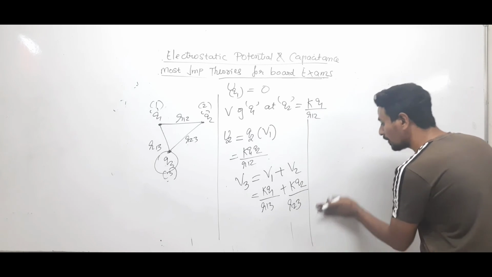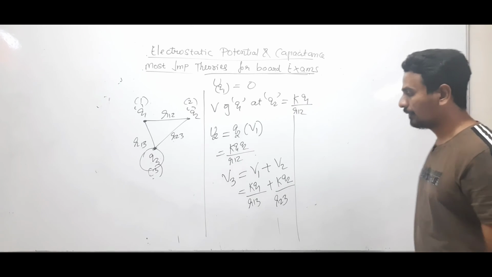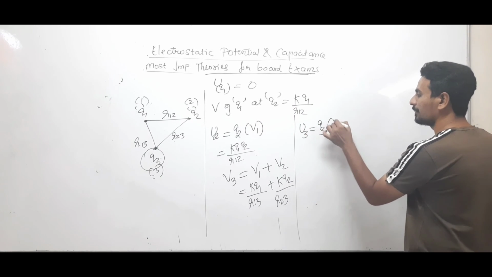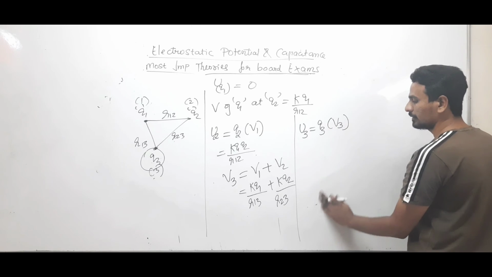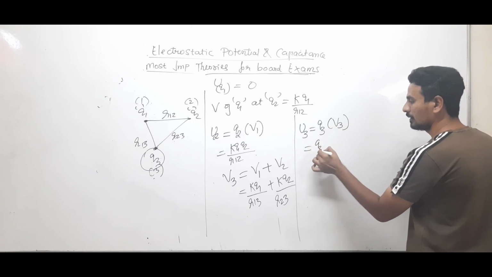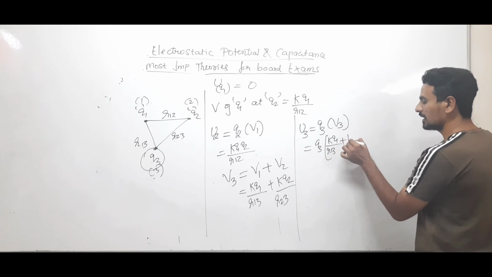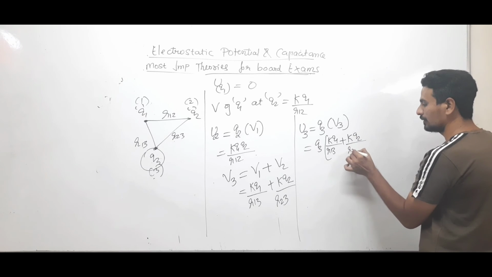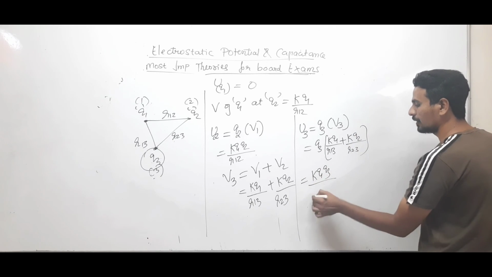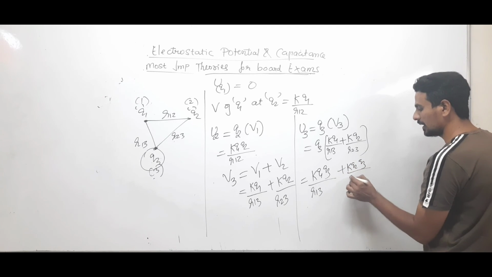So what will be the total energy stored in the charge q3? Total energy stored will be charge multiplied by potential, so that is q3 times k q1 by r13 plus k q2 by r23. So this will be k q1 q3 upon r13 plus k q2 q3 upon r23.